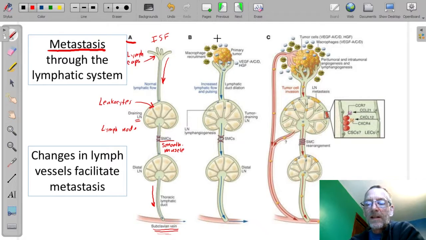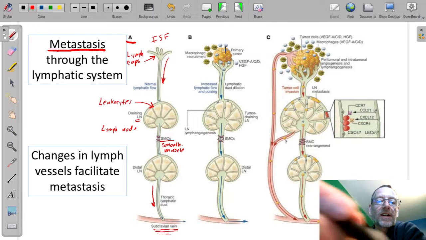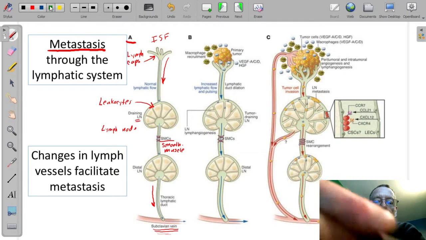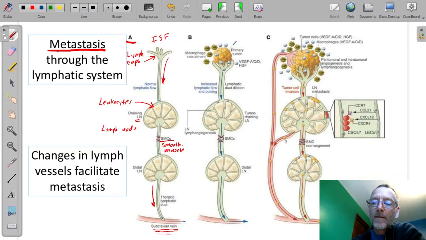In B, a cancer has started to form, and the gold cells are the cancer cells in this drawing. Remember that these are your body cells that have lost mitotic control, and they're growing continuously, either slow or fast.